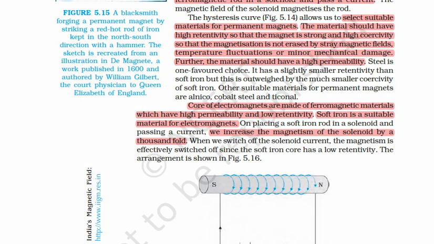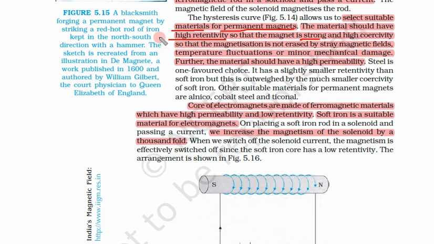This hysteresis curve helps us select the materials for permanent magnets. What is the property of a permanent magnet? The material should have high retentivity, so that the magnet is strong. If we remove the magnetic field, it is still very highly magnetized.